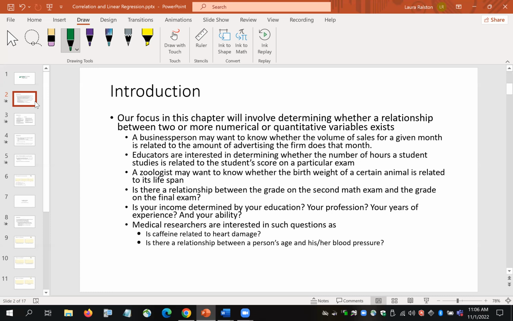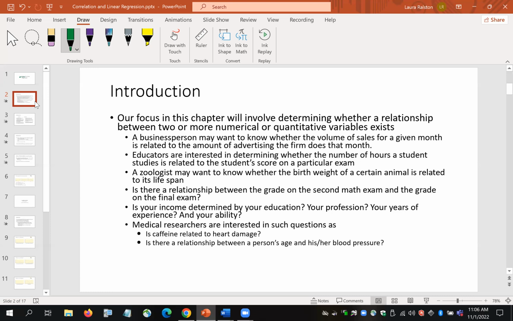So some examples of where you might see correlation and regression used. A business person may want to know if the volume of sales for a given month is related to the amount of money spent on advertising. Is there a relationship, again, between sales and advertising?